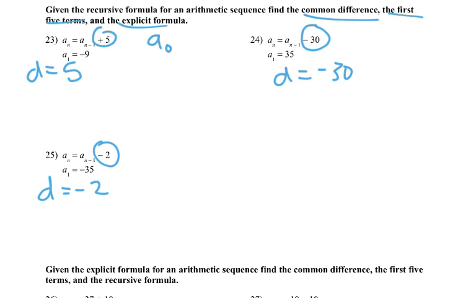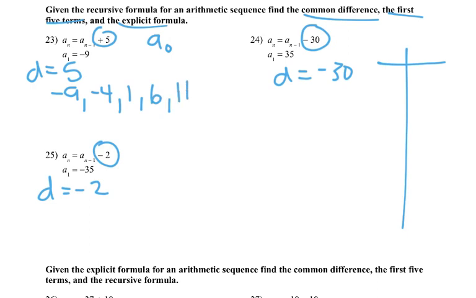On number 24, I kind of show it in table form. On the others, I won't because of the space. But a sub 1 equals negative 9, so I start with negative 9. Then I add 5 each time. So negative 9, negative 4, positive 1, positive 6, positive 11. There's our first terms.